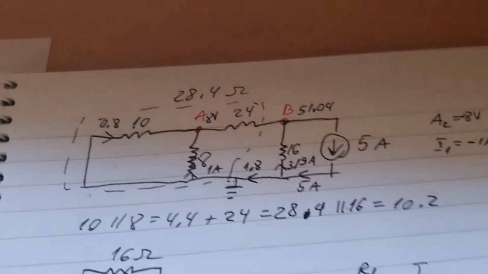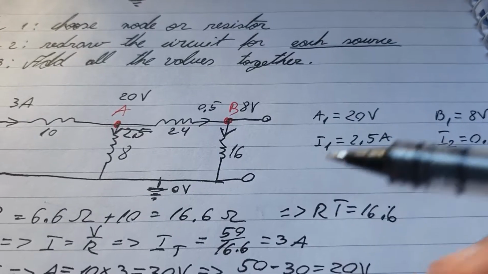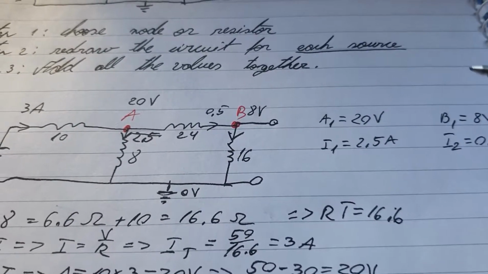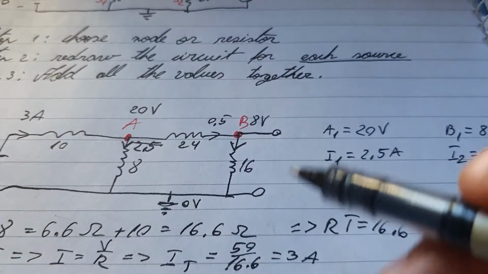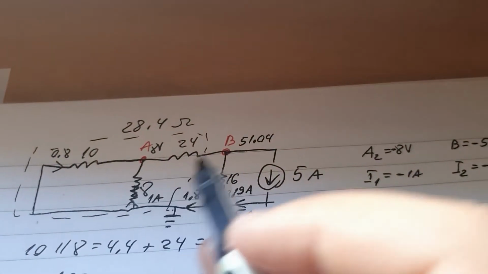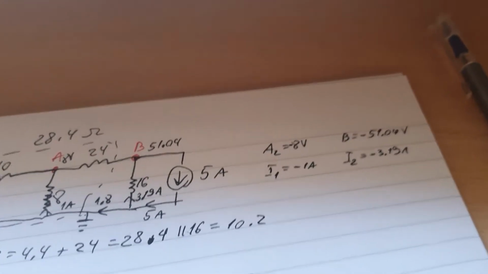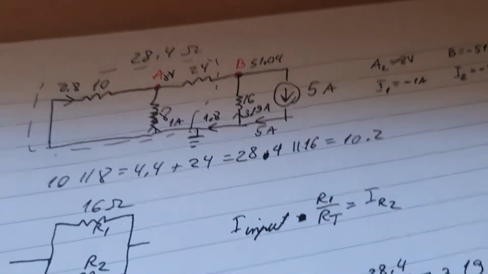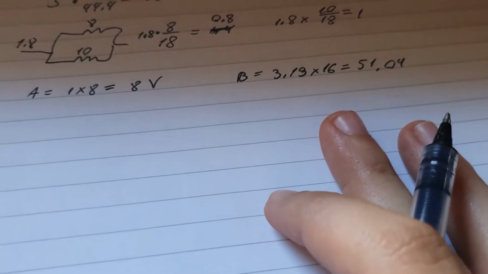Which means they have different current flows. And if they have different current flows, then one of them has to be a negative value. If both of them were going up to down, then yes, we'd add them together. But they don't have the same current flow, so we have to choose different signs.